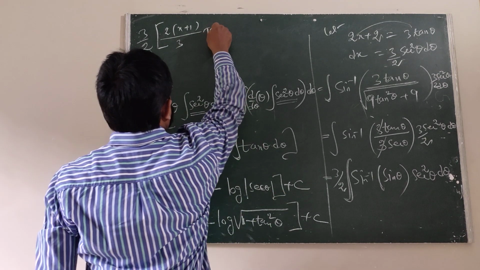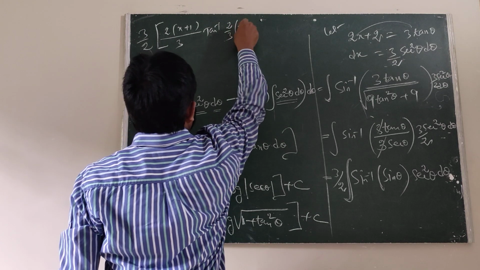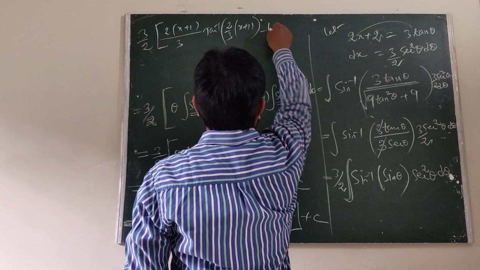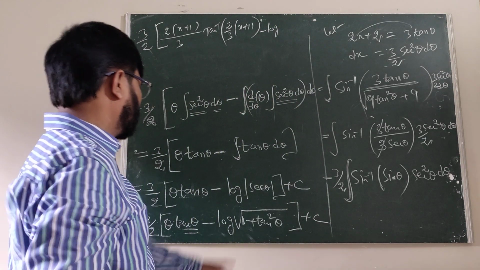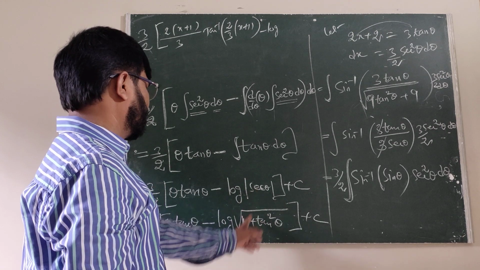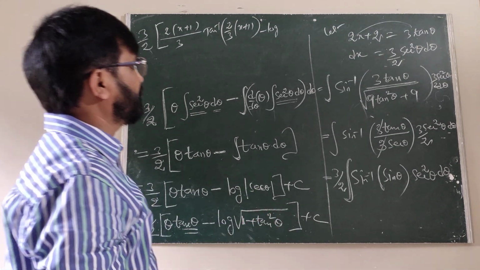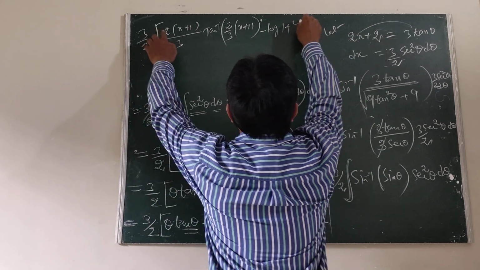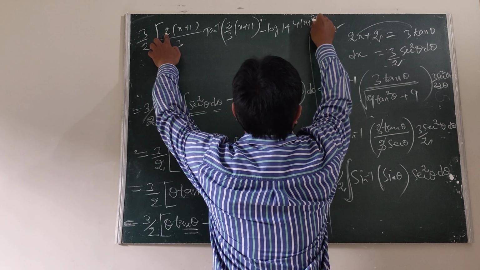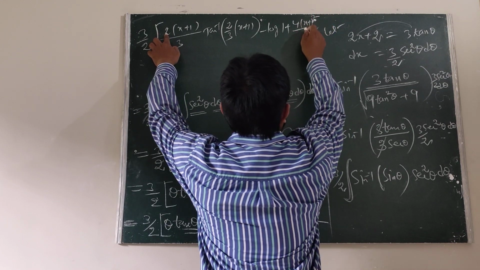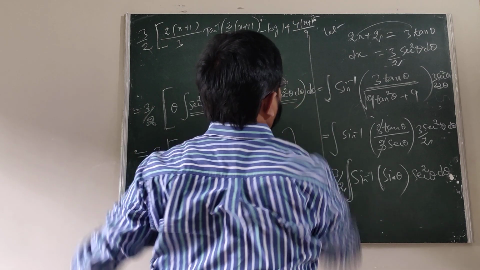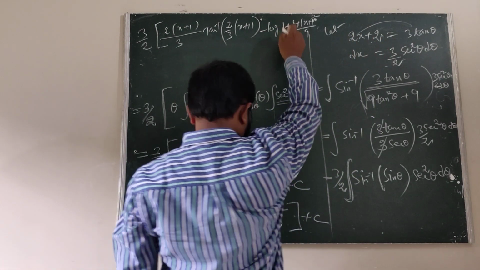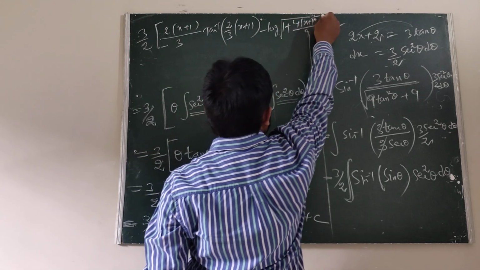Theta is tan inverse of 2 by 3 into x plus 1, minus logarithm of, log mod of secant theta, which is under root of 1 plus tan square theta. This is 1 plus 4 into x plus 1 whole square by 9, under root.